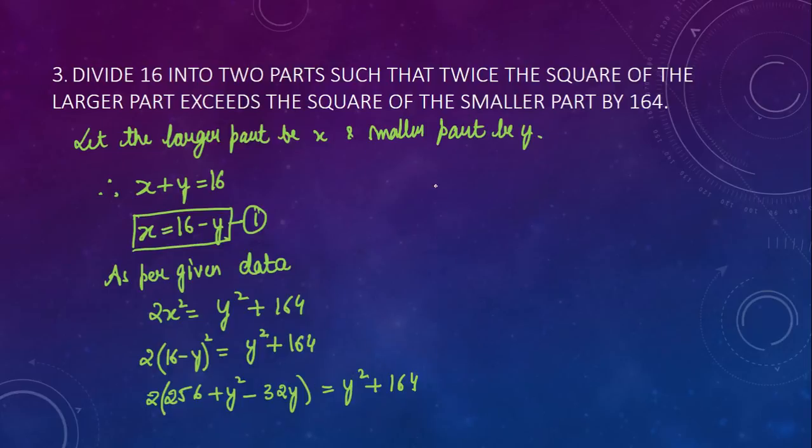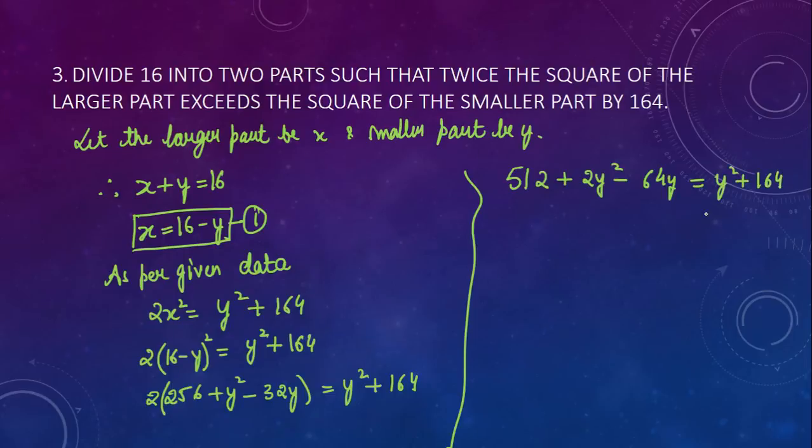Now, let's just open the brackets on the left hand side. So you will get 2 into 256, which is 512 plus 2y square minus 64y. This value is coming out to be y square plus 164. So now you transpose everything to the left hand side.